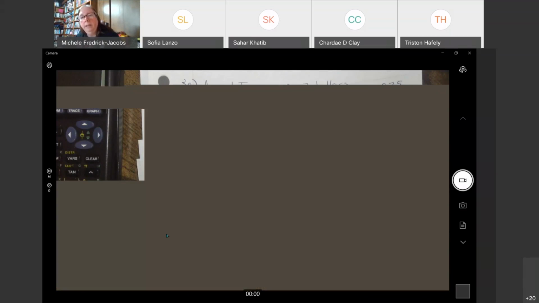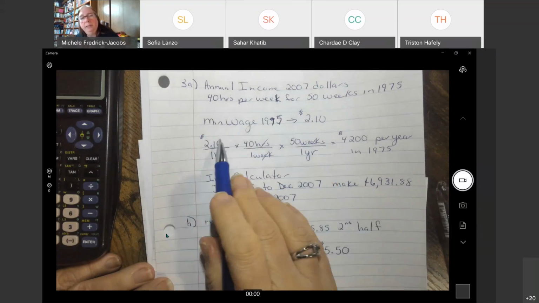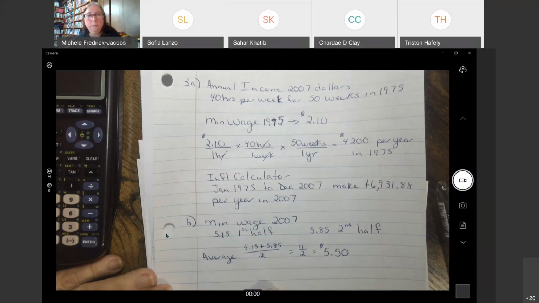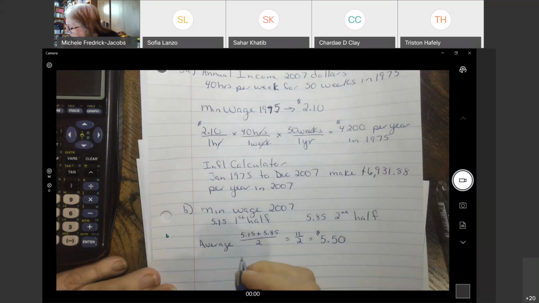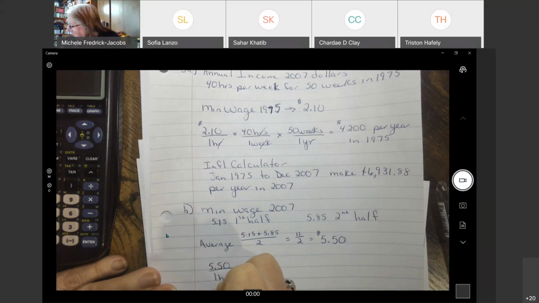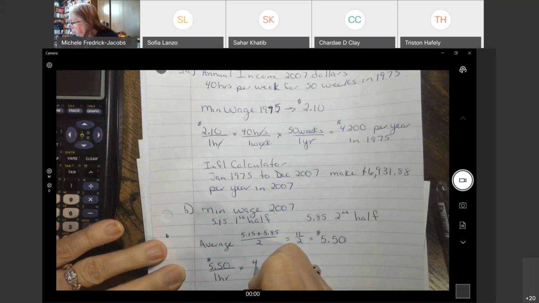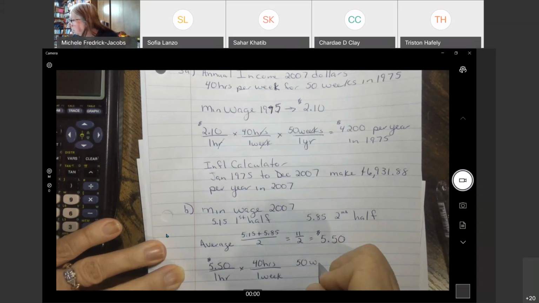If you want to find the yearly rate, you set it up just like this one, but instead of the 210, it's 5.50. It's 40 hours in 1 week and 50 weeks in 1 year.